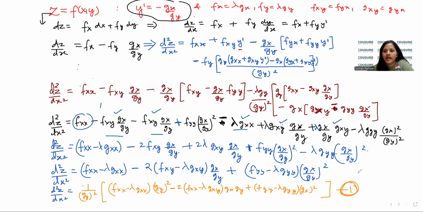Okay. Now, if we consider the matrix, or we consider the bordered Hessian matrix. So what is that matrix? D of xy.